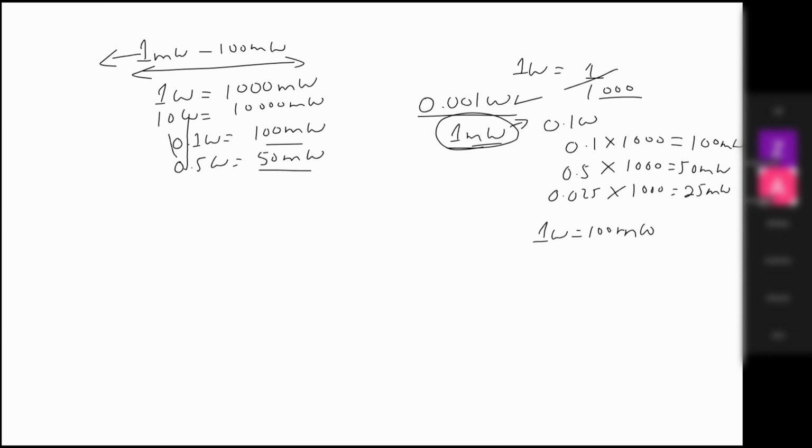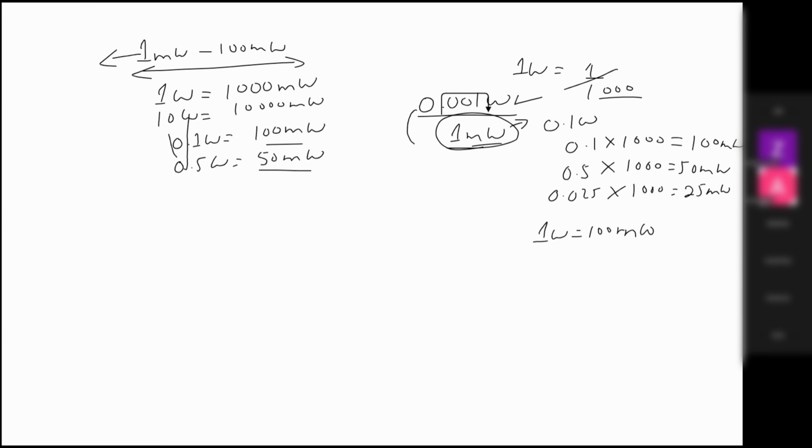Representing 0.001 watts would be hard to read and hard to use for calculations. So that is why we come up with milliwatts.